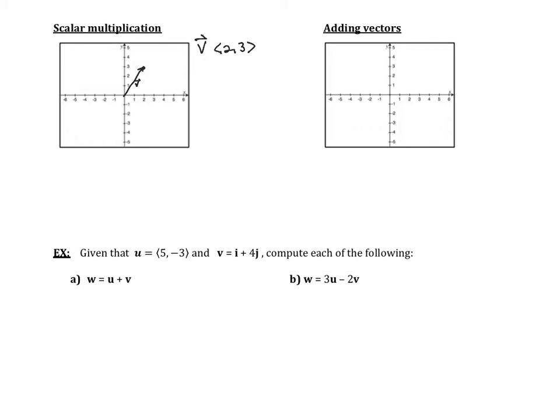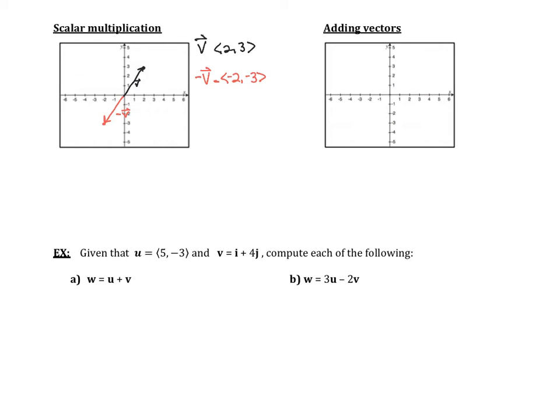And if we wanted to do, for example, the opposite of vector v, what would that look like? Well, we know that that negative would be multiplied by both terms inside. And so negative v would be negative 2, negative 3, this vector here. So this would be negative v.